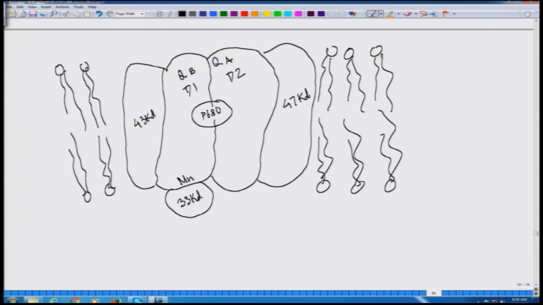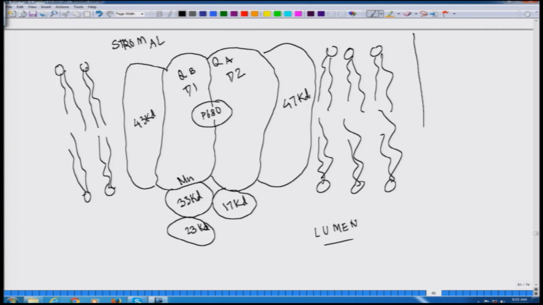There is a lot of work going on in this area to get a single crystal of this kind of structure, so as to figure out how this whole water splitting is taking place. So, this is the stromal side, and this is the luminal side which is present there.